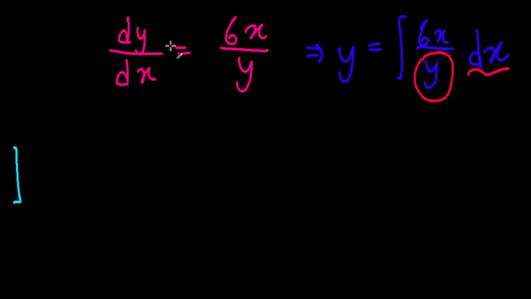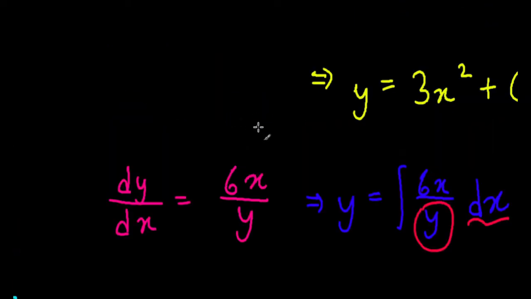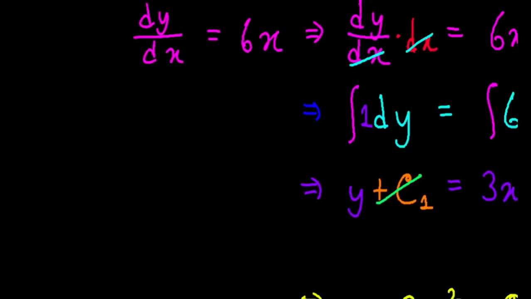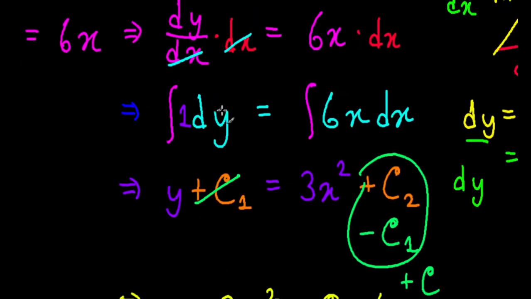What I'm targeting to do is the same thing as here. I want to collect the y terms, every y term including dy, on one side, and I want to collect all the x terms including dx on the other side, and then I want to take the integral.